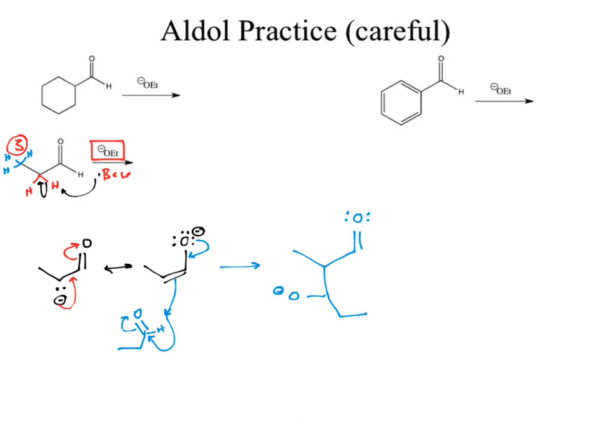So the ethanol provides that acidic hydrogen. We can go ahead and put our hydrogen on. What structure do we now have? We have an aldehyde and an alcohol. We have the aldol. What is special about this structure?